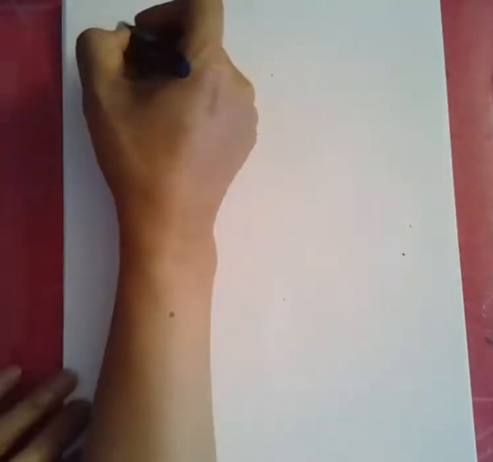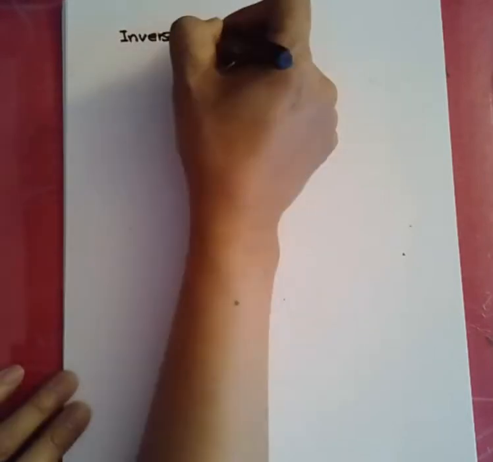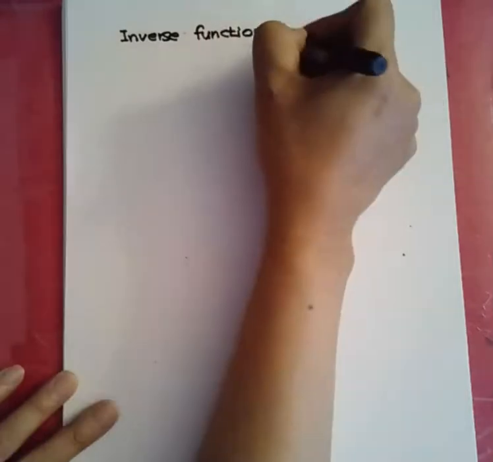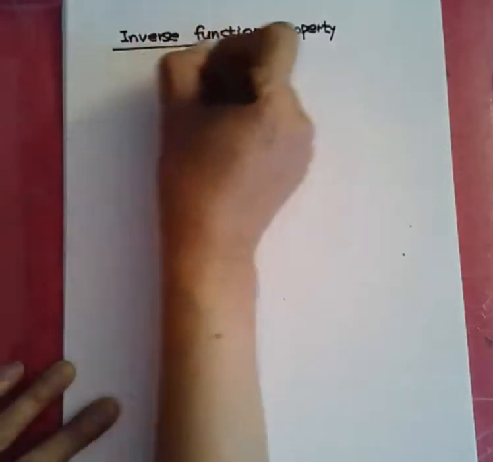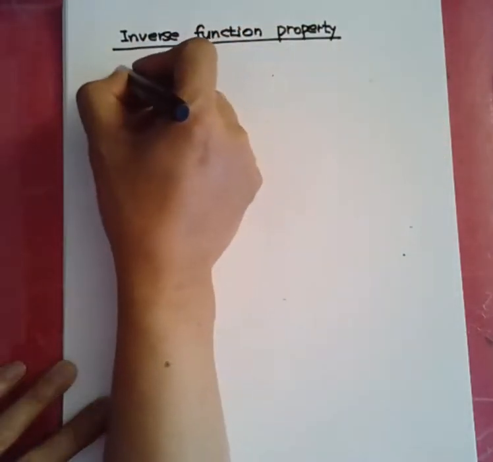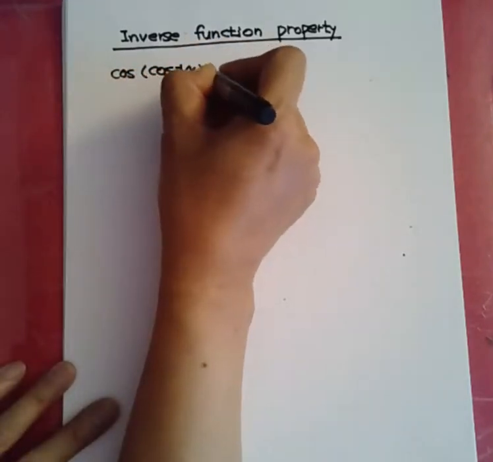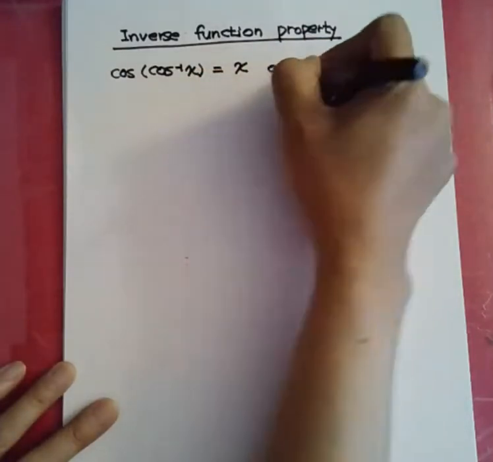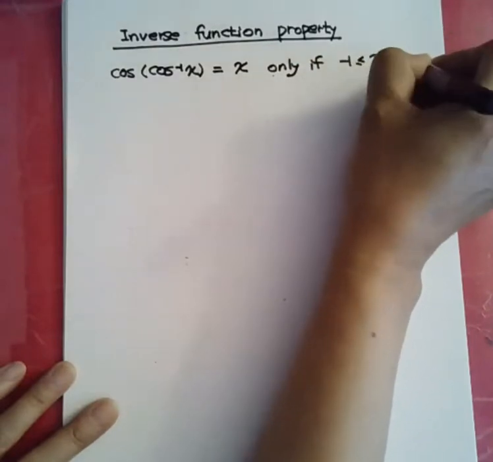There is another inverse function property. Cosine of cosine inverse of x equals x only if x is between -1 and 1.